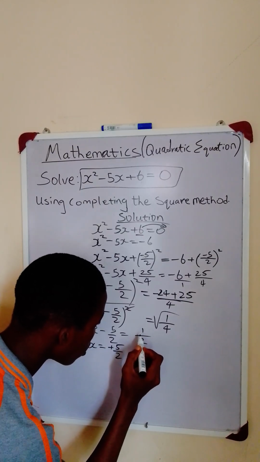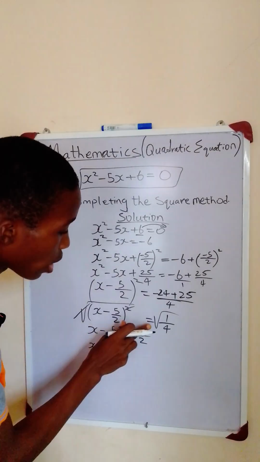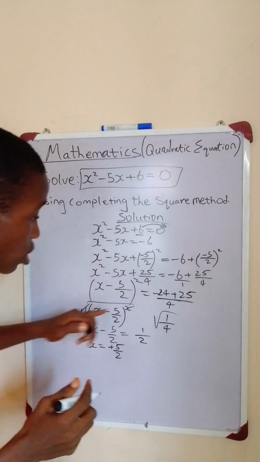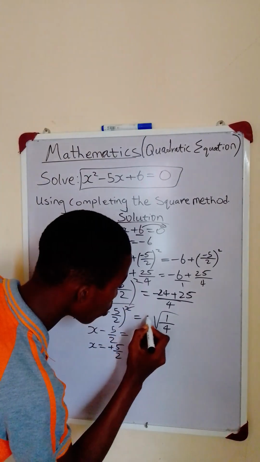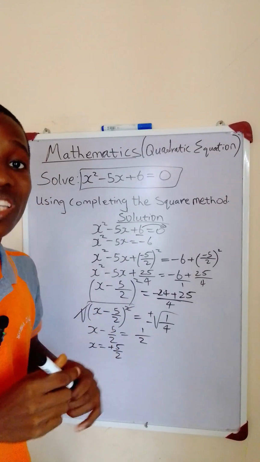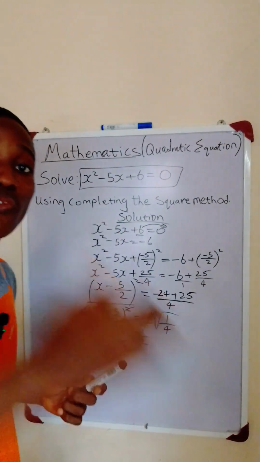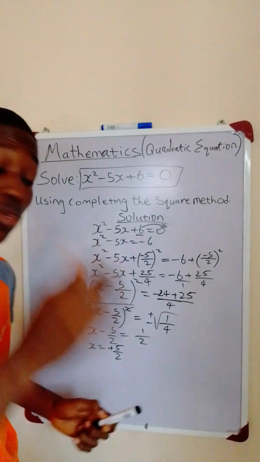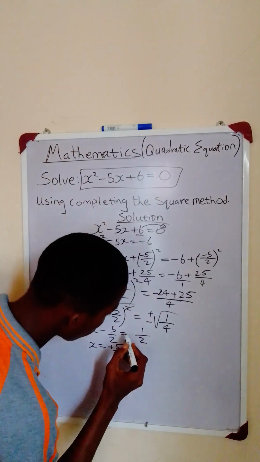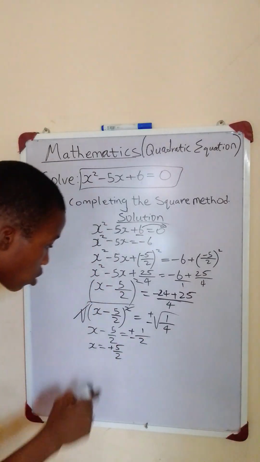Now, when you're square rooting both sides, you need to put plus or minus, because a square root of any number is either positive or negative. You also bring it down here, plus or minus.